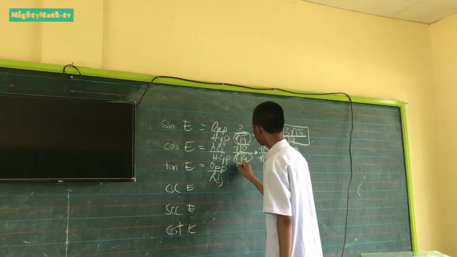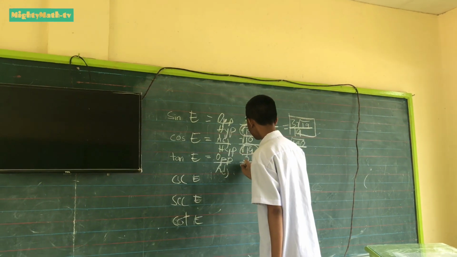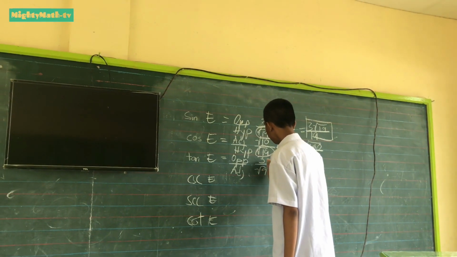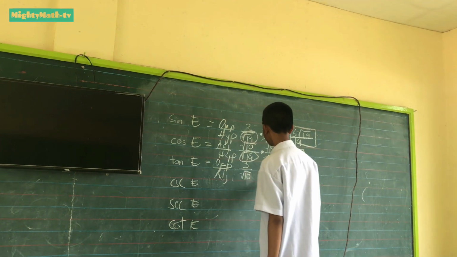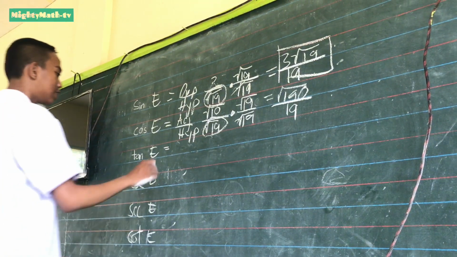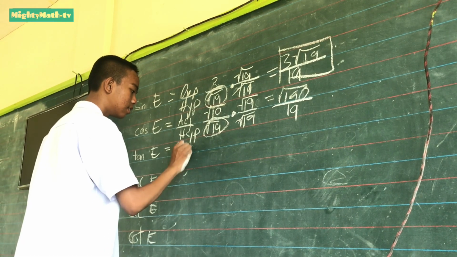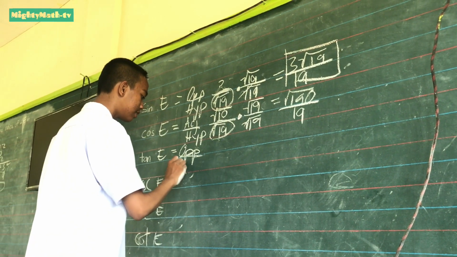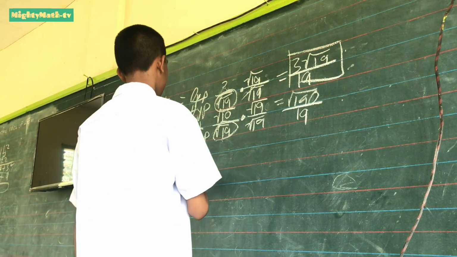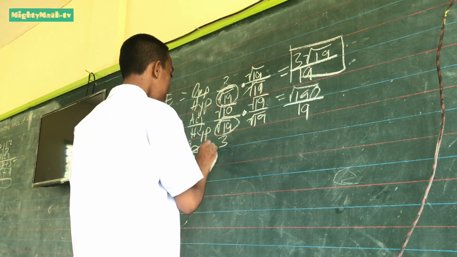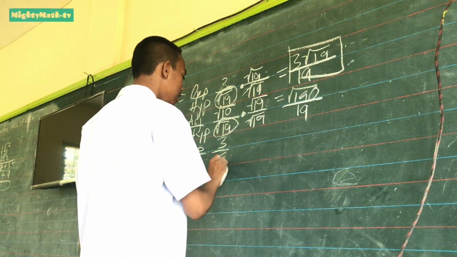And for tangent E, it's opposite over adjacent. Our opposite is 3, and our adjacent is square root of 10.